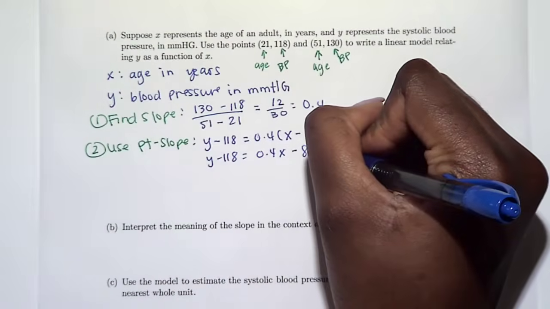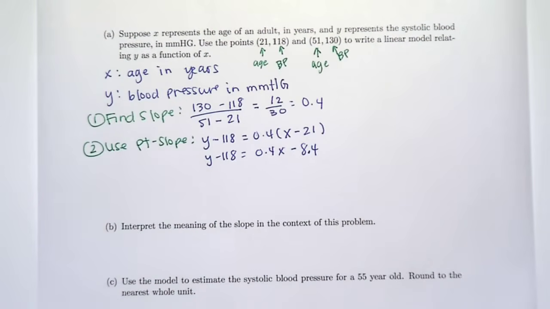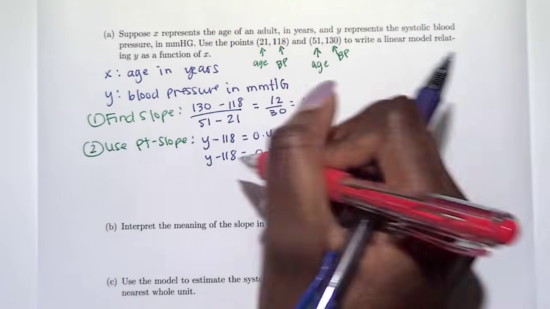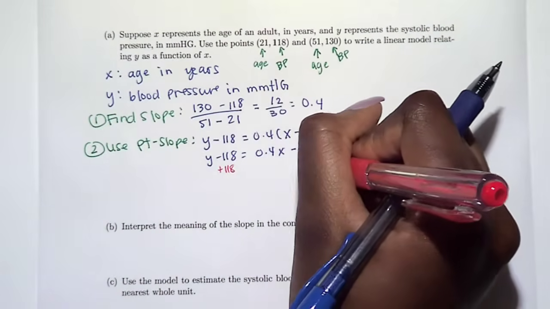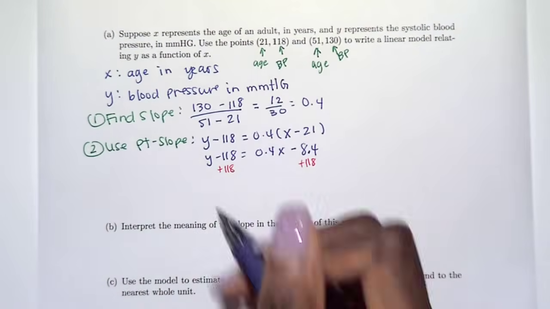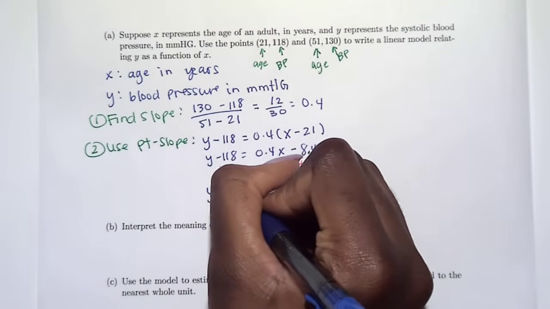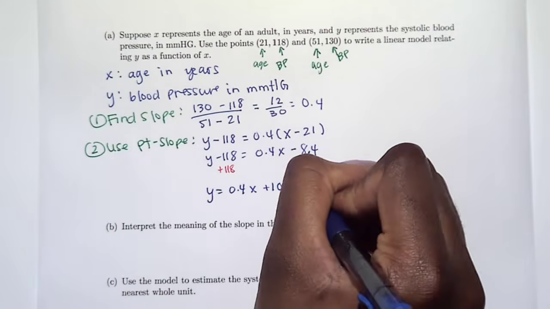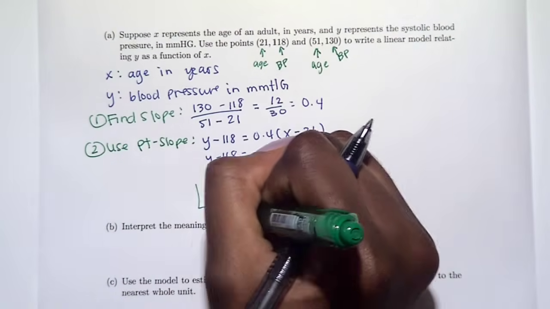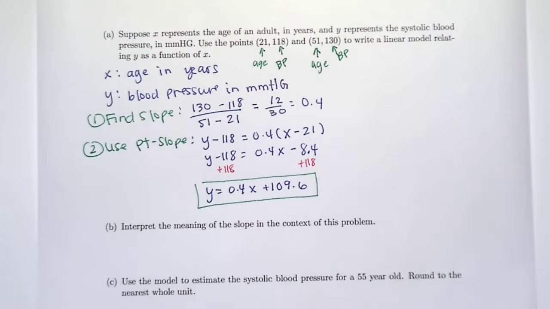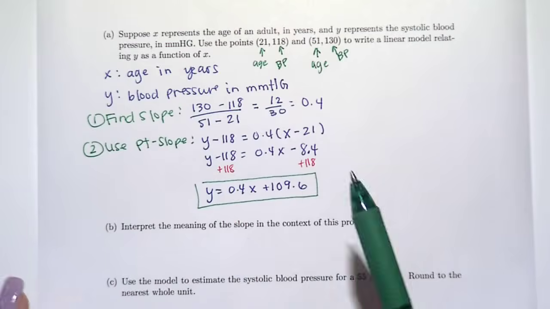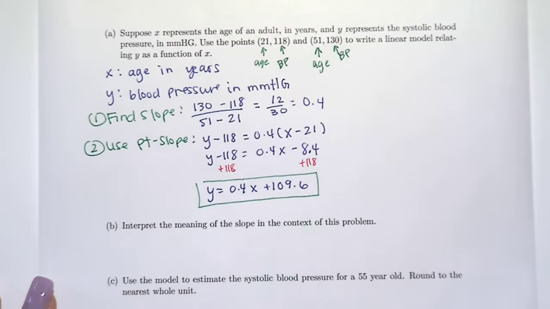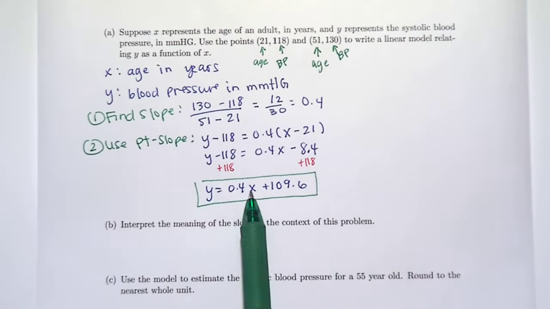Feel free to double check me though. All right, now I just need to add the 118 to both sides. So now we have a linear model. This is a line. We have a slope. We have an intercept relating y as a function of x. So that means x is inside of the function.